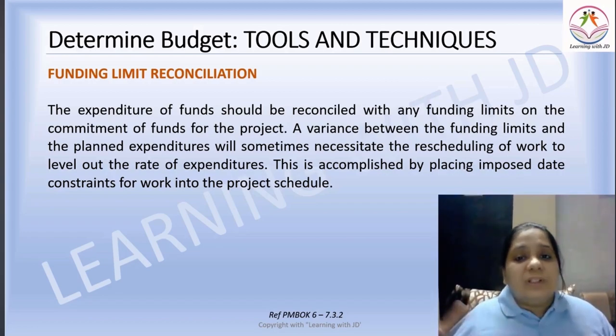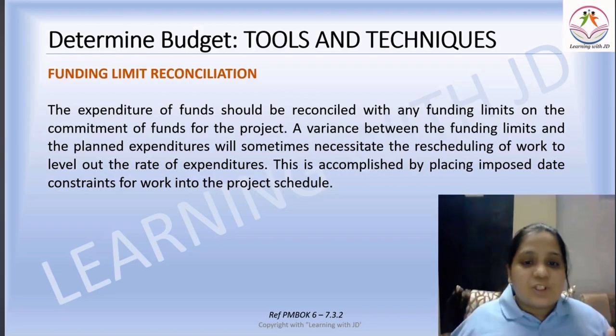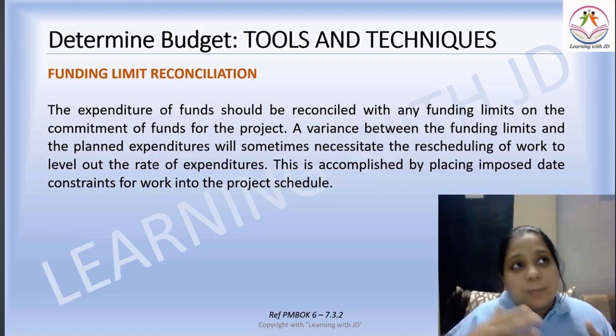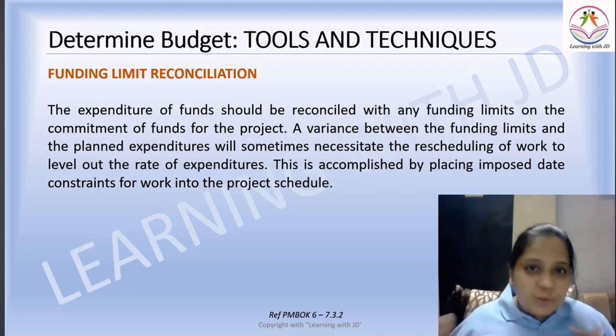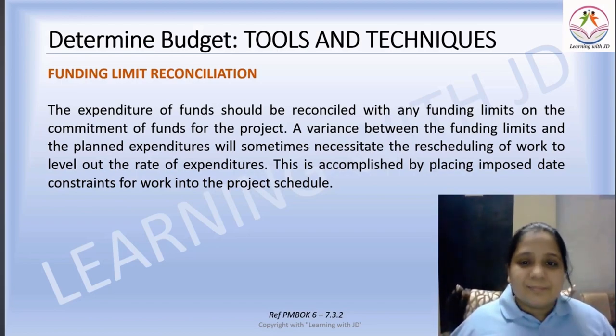The variance between the funding limit and the planned expenditure will sometimes necessitate the rescheduling of the work to level out the rate of expenditures. It will depend that in case your project is delayed, your funding flow will also be delayed or has to be managed accordingly.